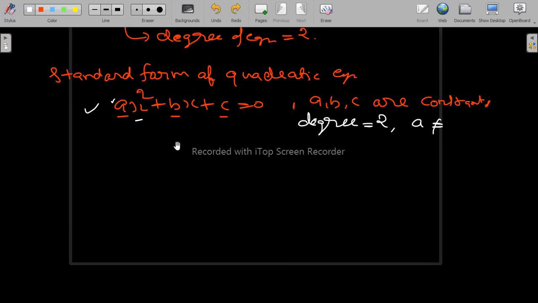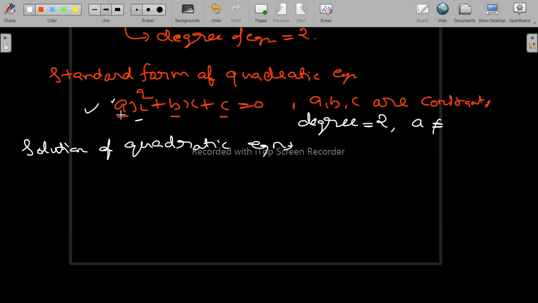Okay, this is the quadratic equation. Now let us discuss the solution of the quadratic equation. The solution of any type of equation, not specifically quadratic, whether it is linear, quadratic, cubic, or biquadratic, means a specific or particular value of the variable for which the equation is satisfied.